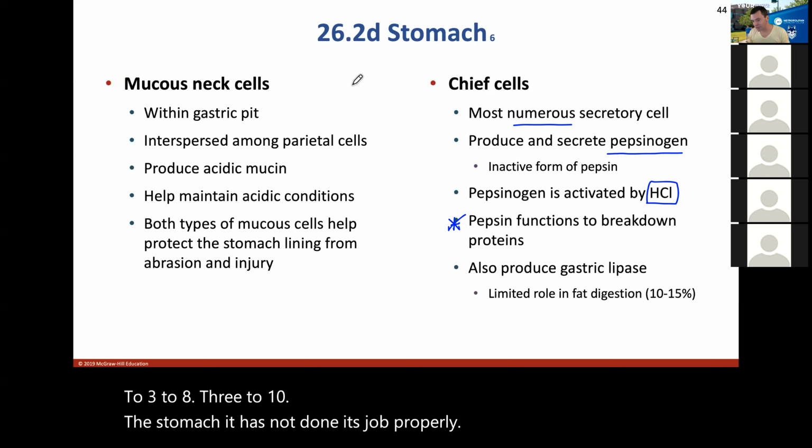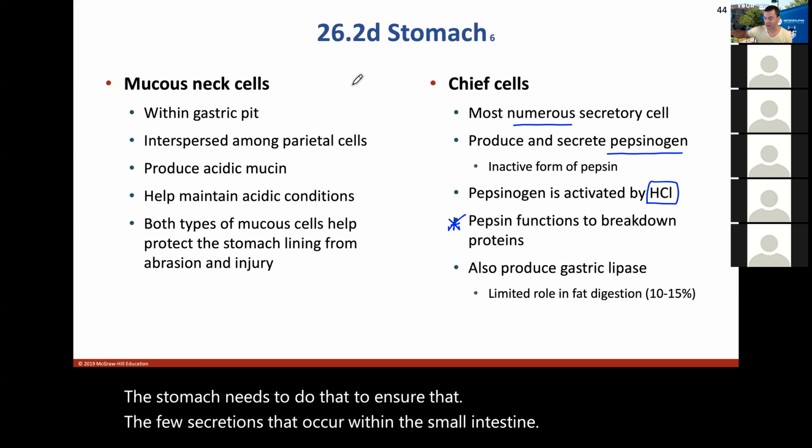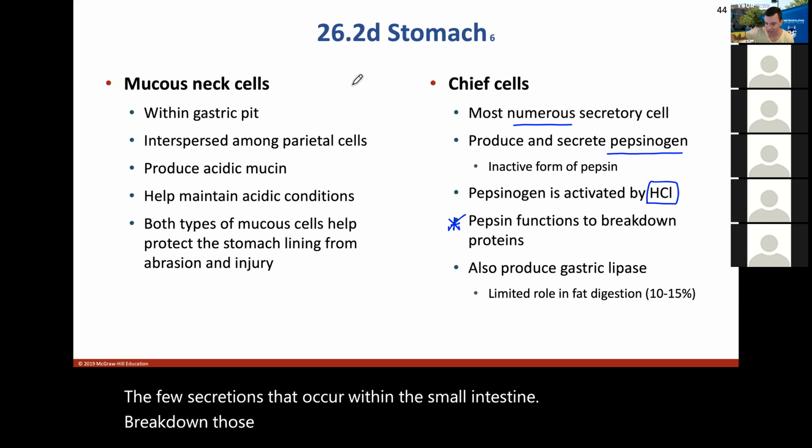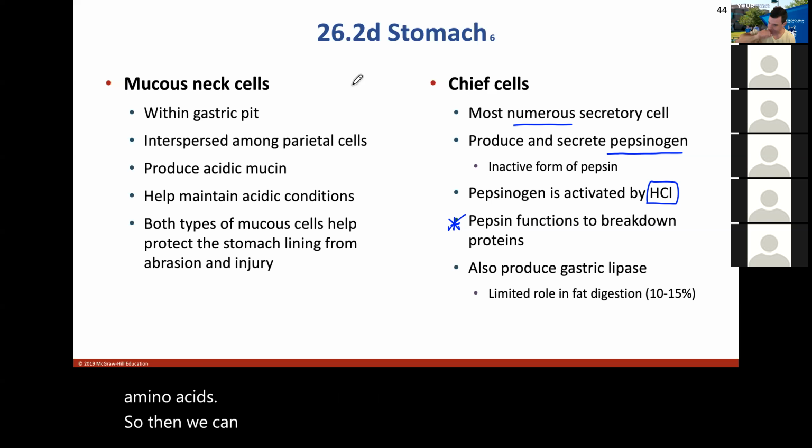The stomach needs to do that to ensure that the few secretions that occur within the small intestine break down those final segments of amino acid chains into individual amino acids, so then we can absorb them.